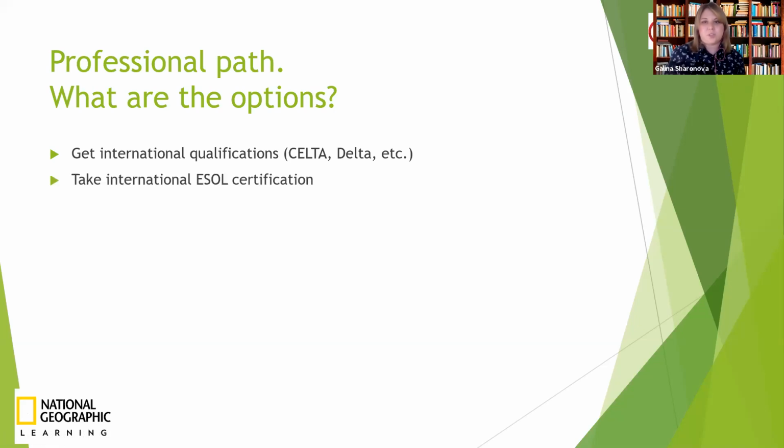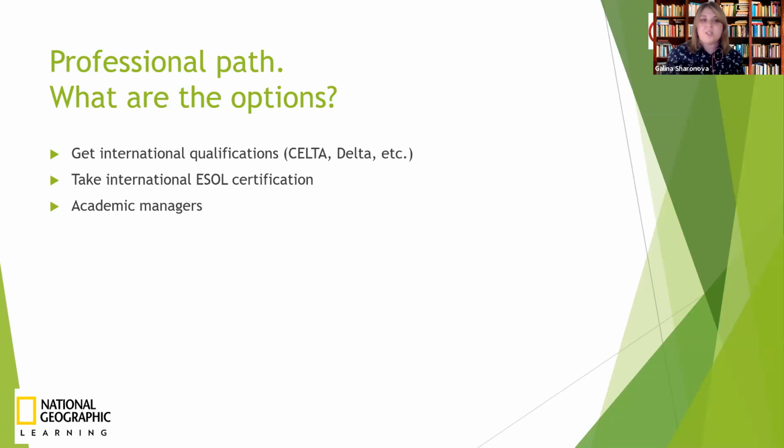Then also the idea which was mentioned in the chat box, you can take an international exam, like a proficiency exam, to prove that you have a certain level of language awareness. Then also one more idea for how you can develop professionally.